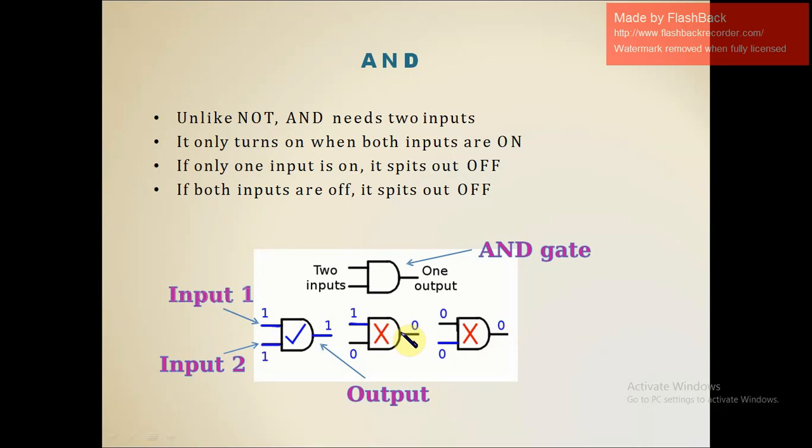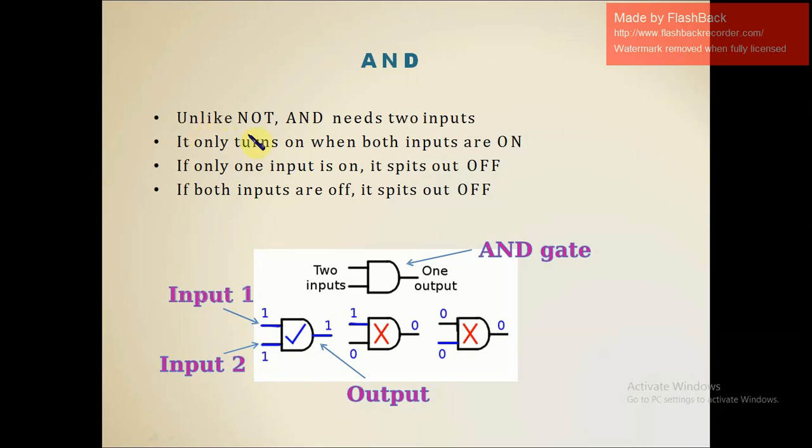The output assumes the logic 0 state even if one of its inputs is at logic 0 state. Hence, the AND gate is also called an all or nothing gate.